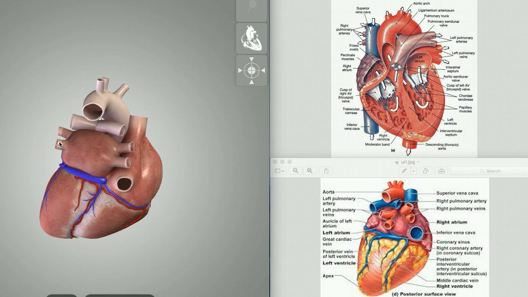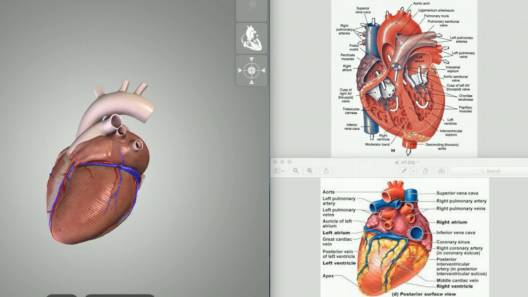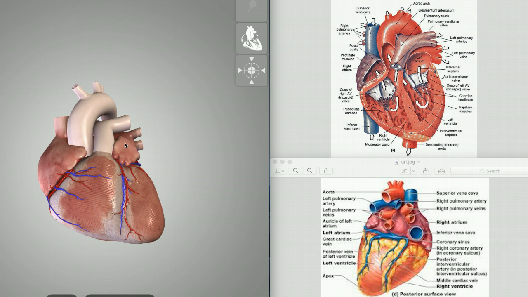The ones on the left are the left pulmonary veins. So veins usually bring blood into the heart. So these bring oxygenated blood from the lungs into the atrium, which then goes down the left ventricle and then is pumped through the arch of the aorta.